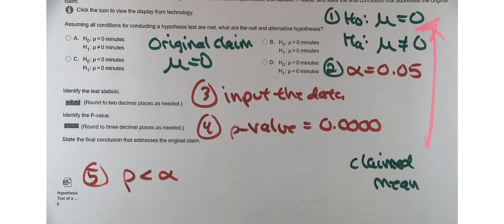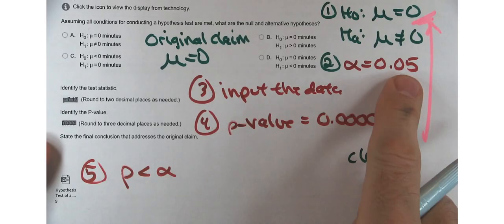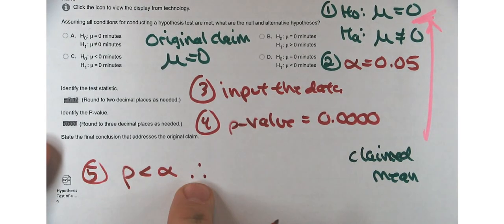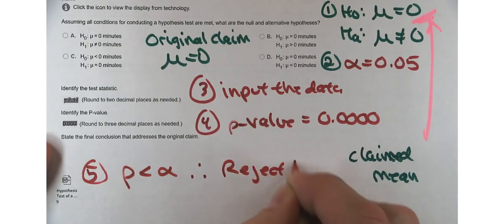All right. So the p-value is less than alpha. 0 is less than 0.05. So you're going to reject. Has anyone seen these little triangles with dots before? That means therefore. So therefore, reject H naught.